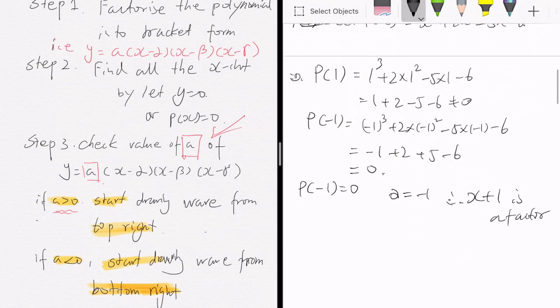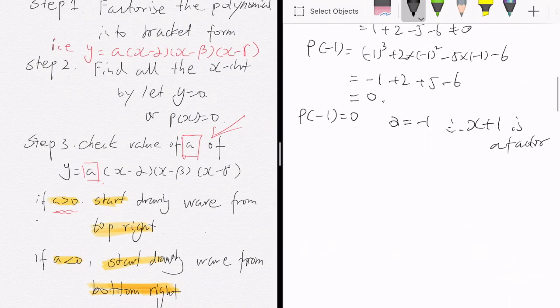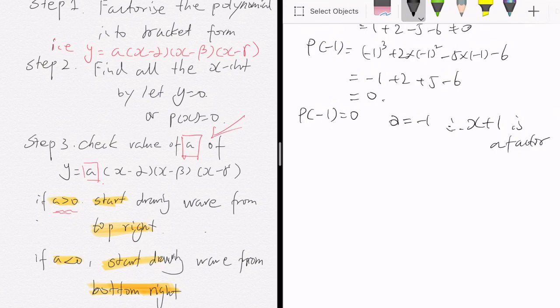Okay, so now we need to do the long division, because x plus 1 is the factor. Initially our cubic polynomial is x cubed plus 2x squared minus 5x minus 6, and we have x plus 1 as the divisor. Focus on the first two terms.